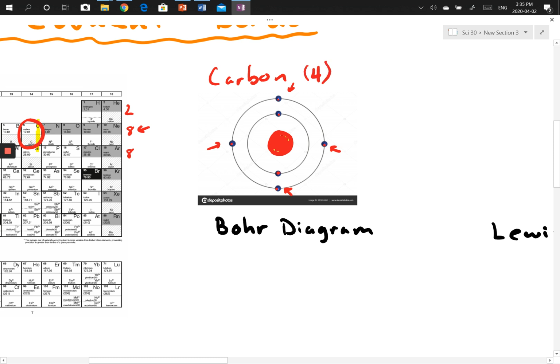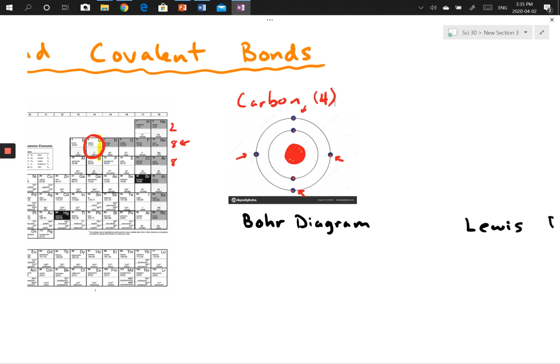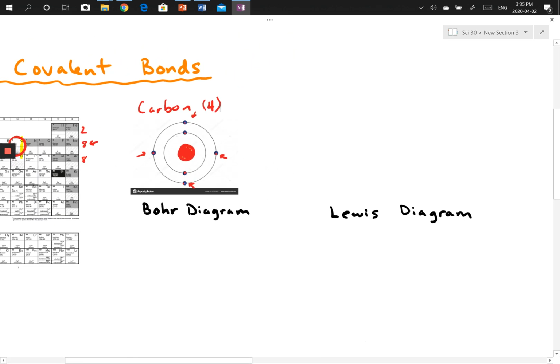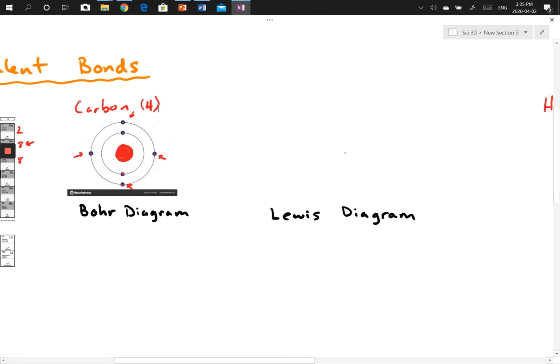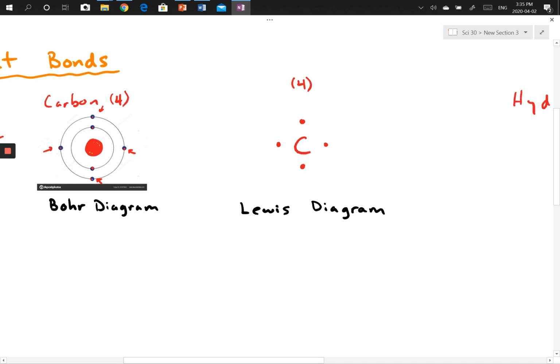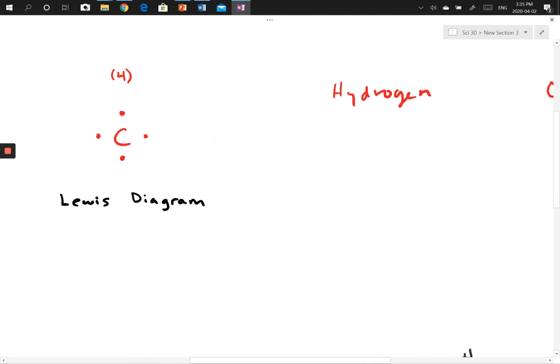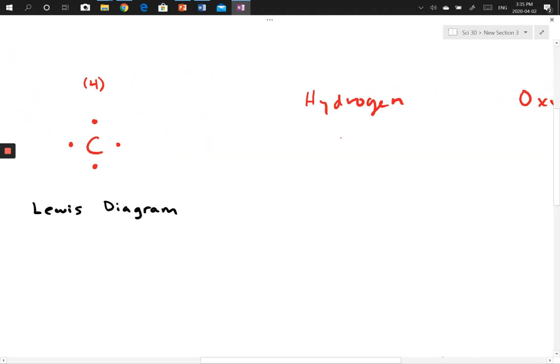Now, when we're talking about chemical bonding, we're really only worried about that outer shell. So we can change to a different type of diagram called a Lewis diagram. And so I'm going to use the symbol C for carbon, and I'm just going to draw those 4 valence electrons. And remember, carbon wants to make 4 bonds. Now we're dealing with hydrocarbons here. So hydrogen, if we go over to hydrogen, hydrogen is going to just look like this.